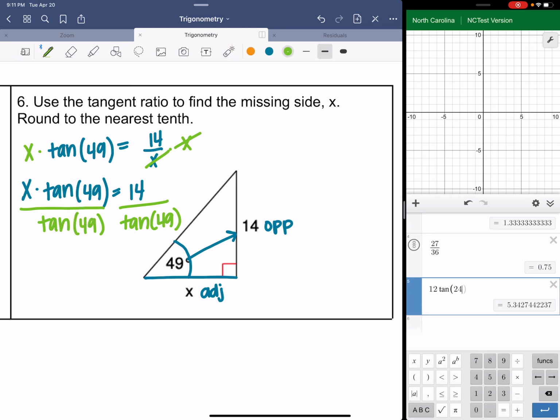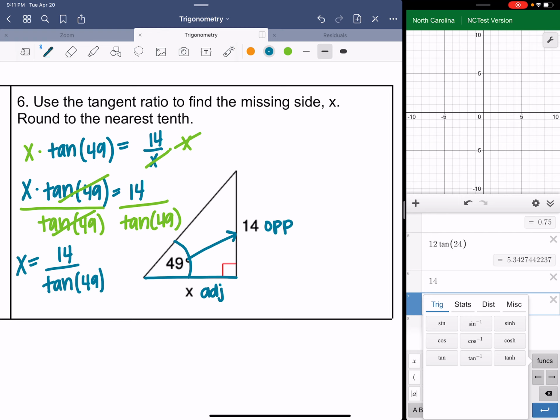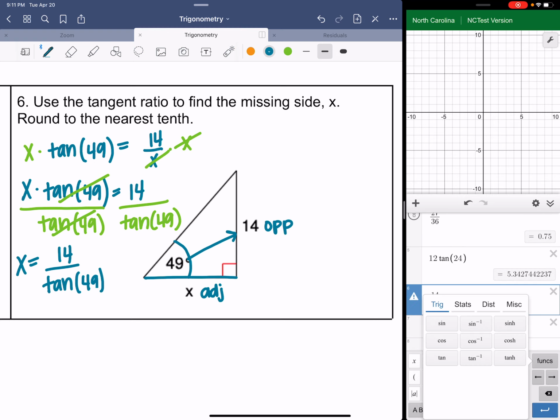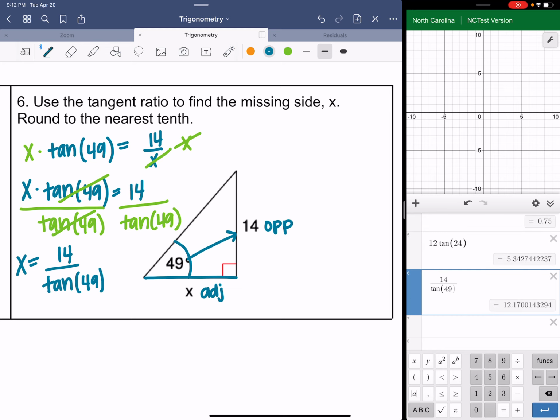So those are effectively being crossed out. And we're left with x equals 14 divided by the tangent of 49. So we can calculate 14 divided by tangent of 49. And that leaves us with 12.2 if we're rounding to the nearest tenth.